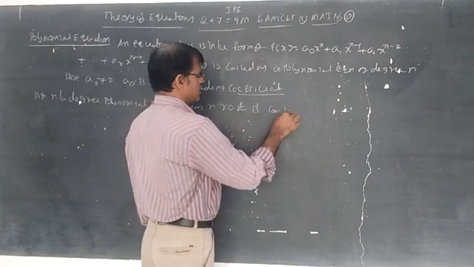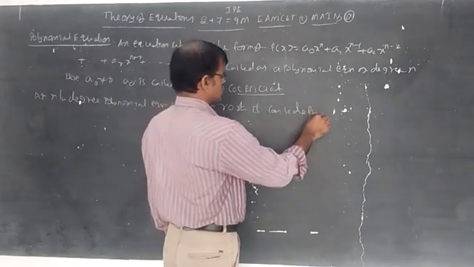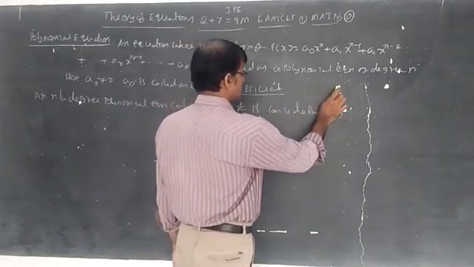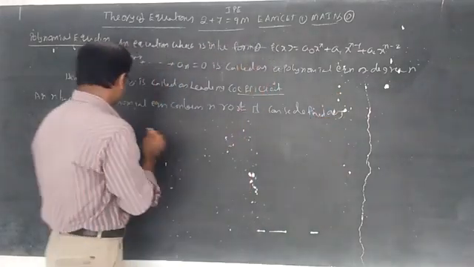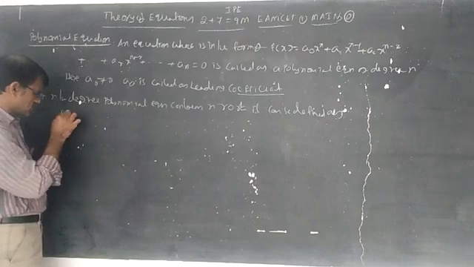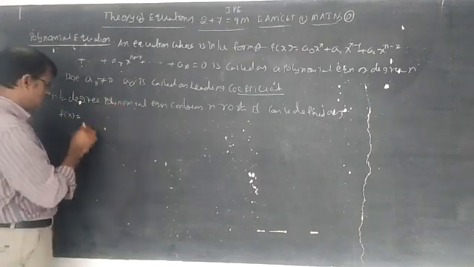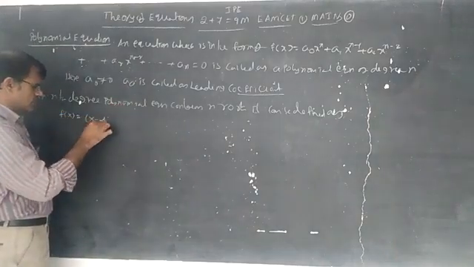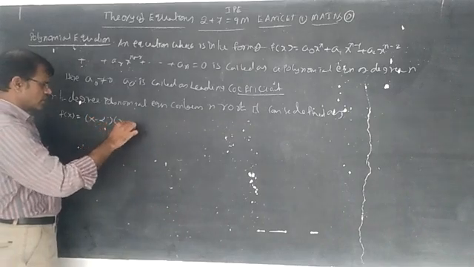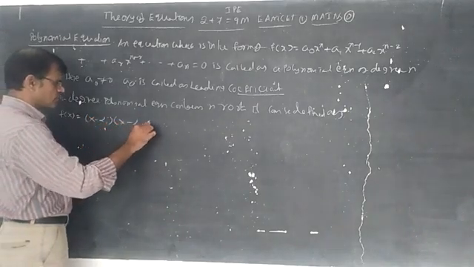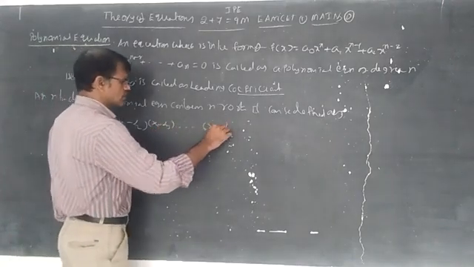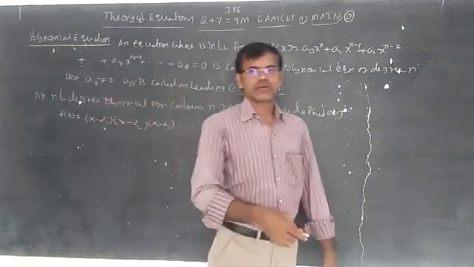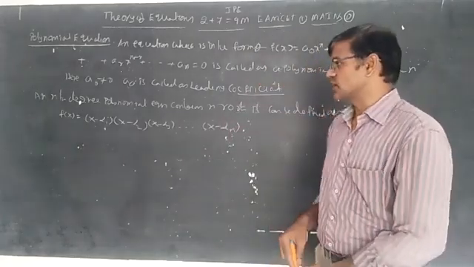It can be defined as f of x is equal to, depending upon the equation, x minus alpha 1 into x minus alpha 2 into x minus alpha 3 so on x minus alpha n, regarding the quadratic expression concept.